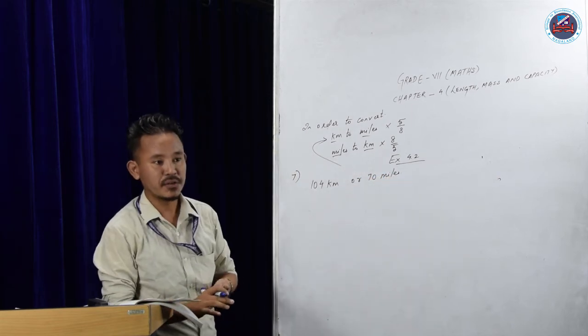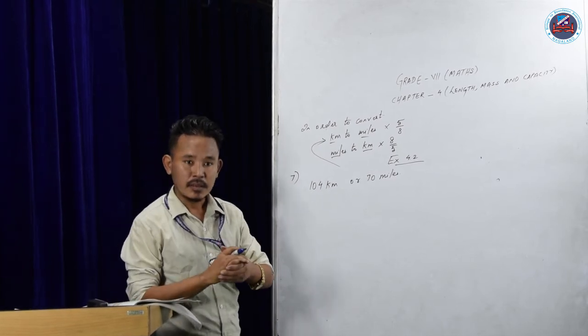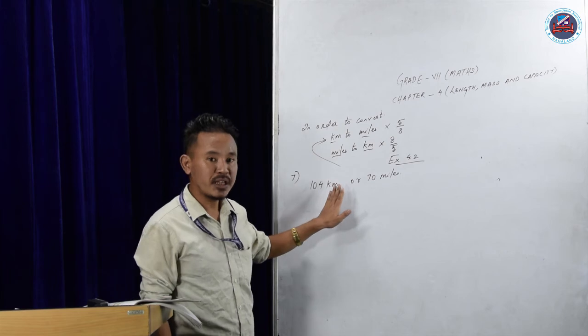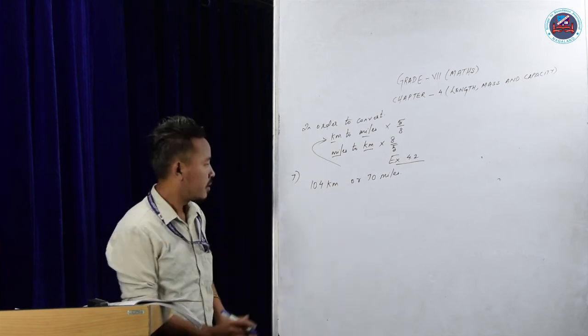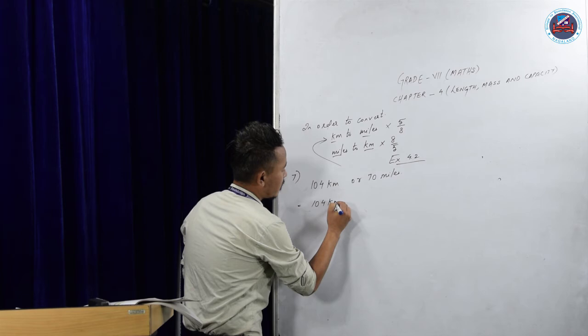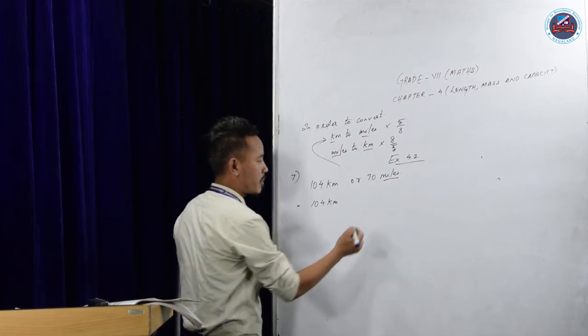We are asked which is further, right? It's very simple. Either way you can change. If you want to change from kilometers to miles, or I will change miles to kilometers, and then let's see.